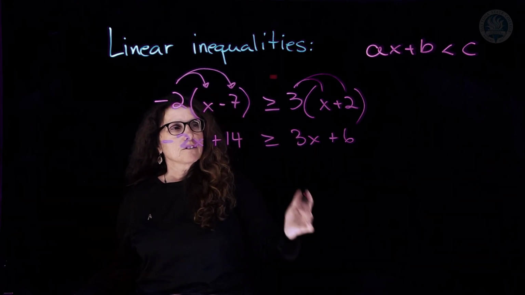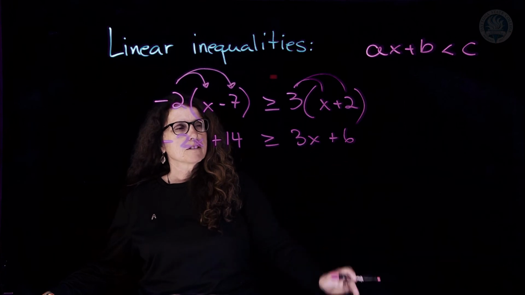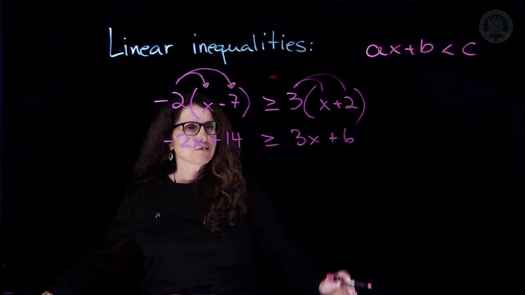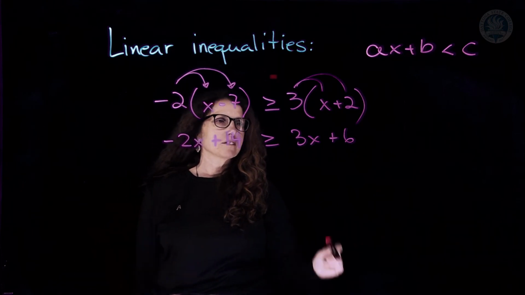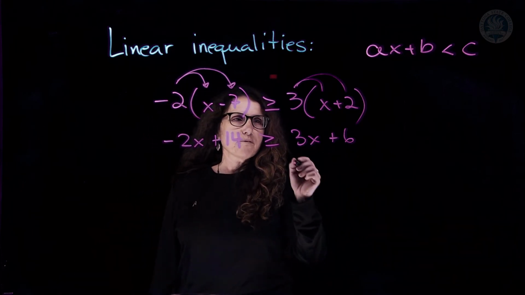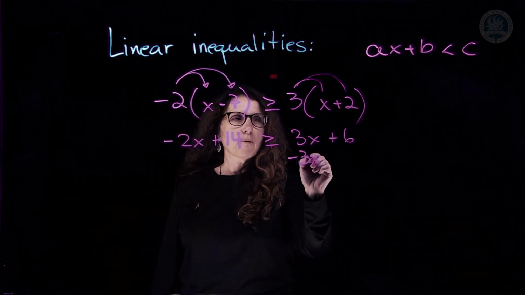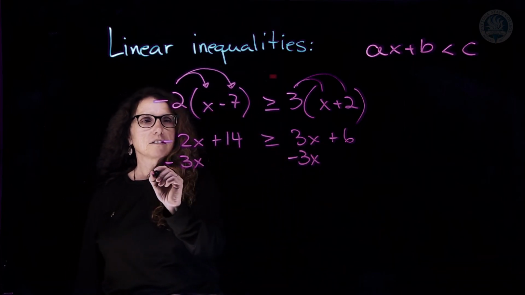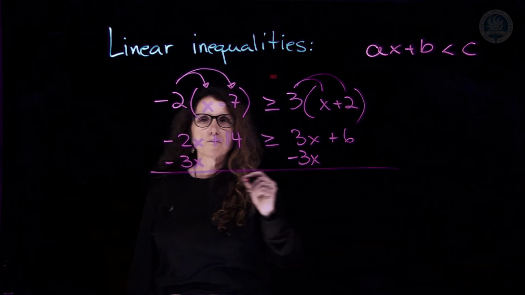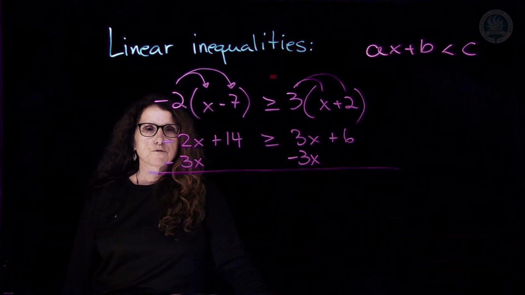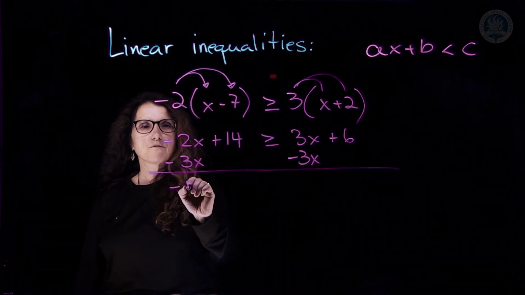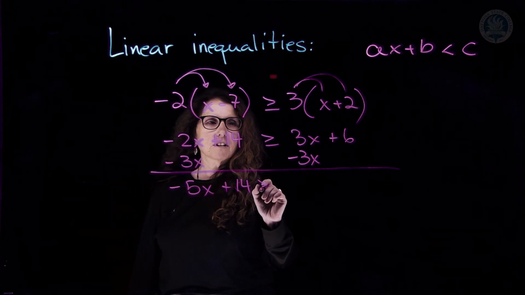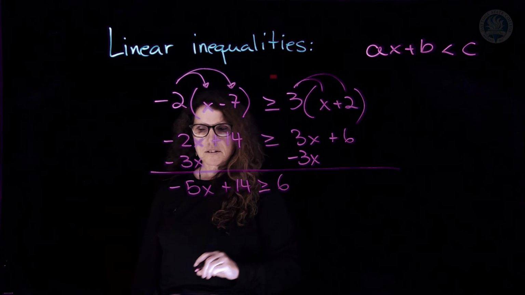The x values, the variable parts, I like to bring to the left-hand side, while I like to bring the numbers to the right-hand side. I always start with the variable first. I have a positive 3x. I'm going to subtract 3x from both sides. -2 minus 3 is -5x, plus 14 is greater than or equal to 6.